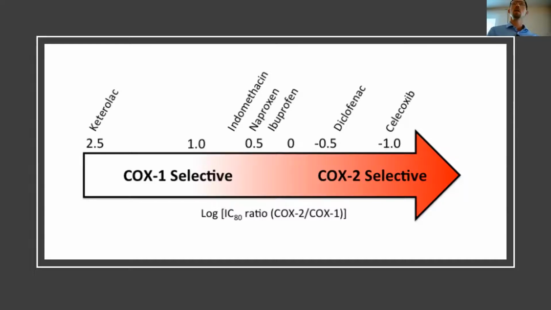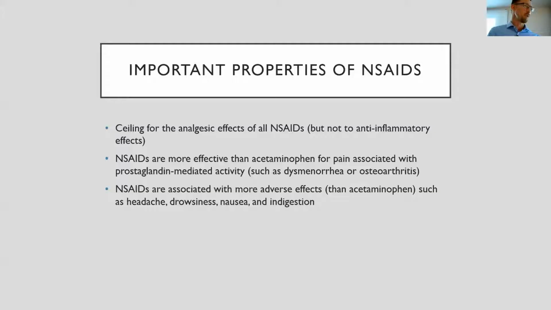As you can see, Toradol, our KETOROLAC, our injectable NSAID, is highly COX-1 specific, and CELECOXIB on the other end of the spectrum is highly COX-2 specific. You've got some NSAIDs that fall in the middle. Naproxen and ibuprofen are pretty close to the middle. And we'll talk a little bit more about that.